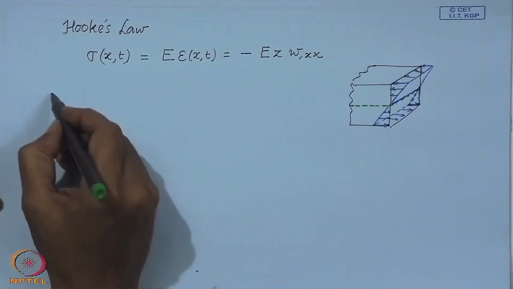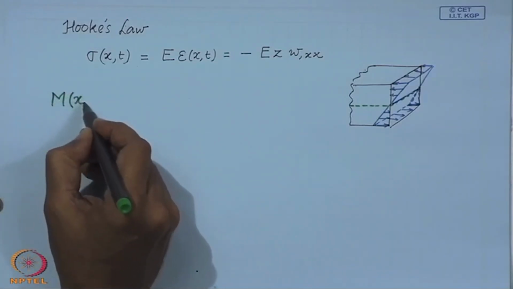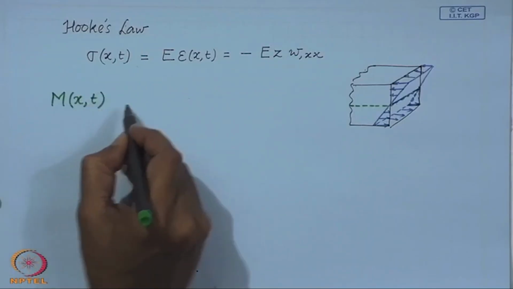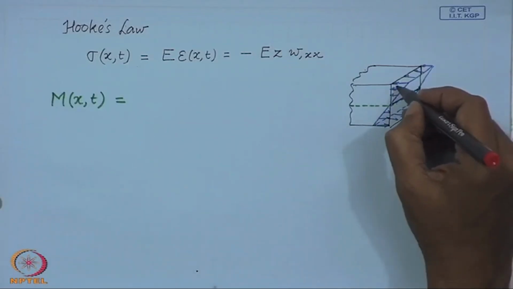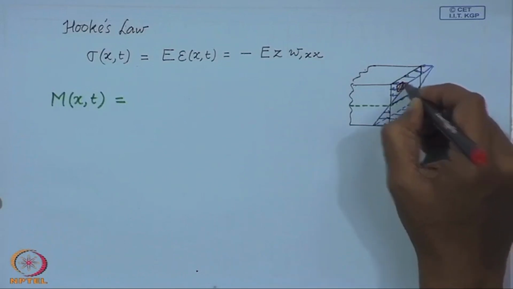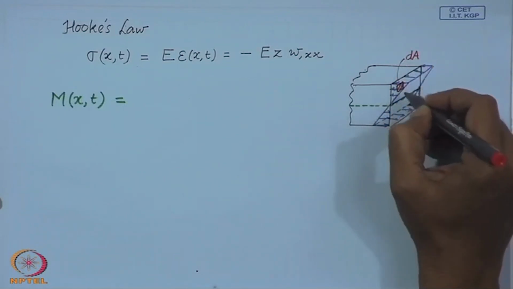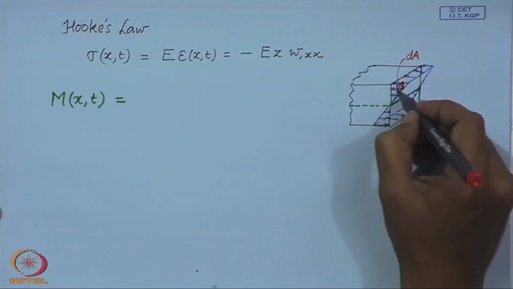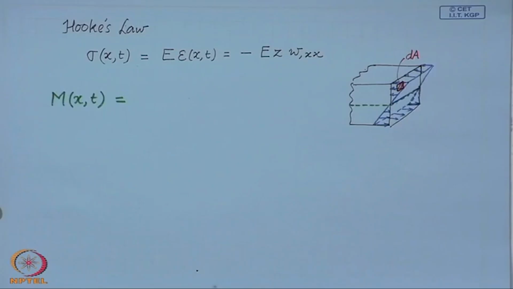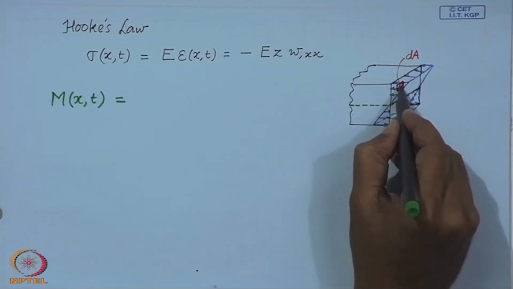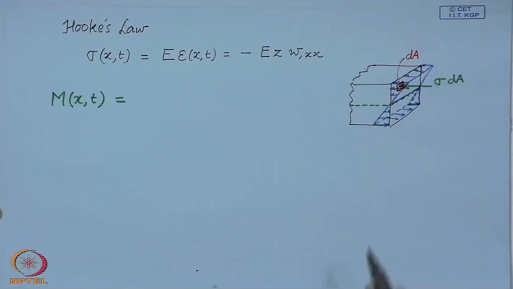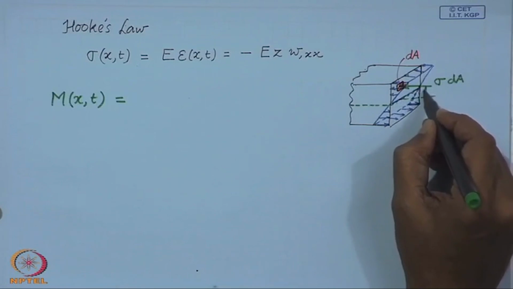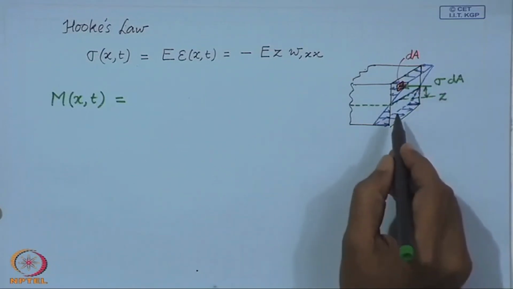So, moment at any location x at any time t will be given by, if dA is a little area, elemental area on this cross section, then the force acting on this area is given by sigma times dA, and the moment about the neutral axis.